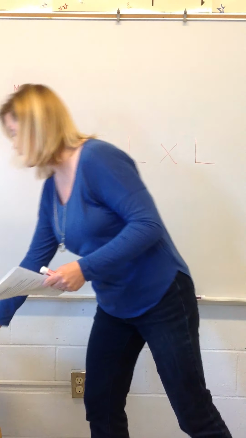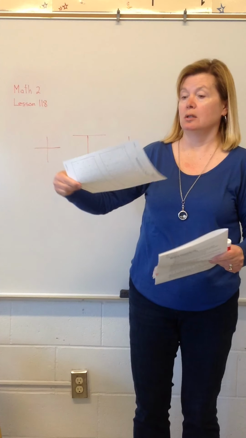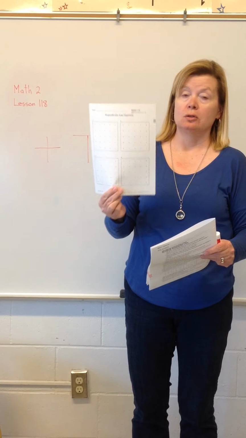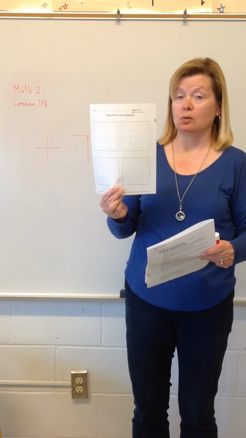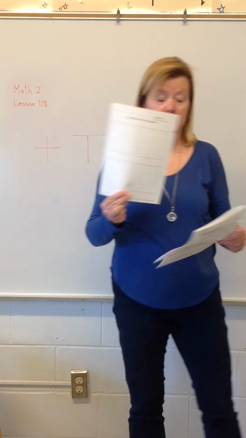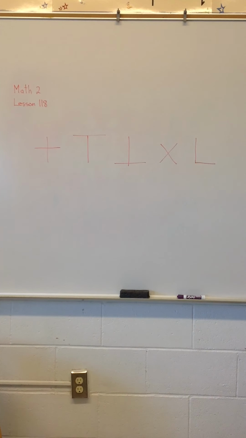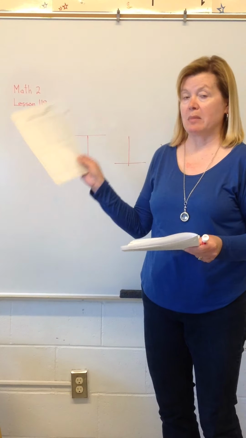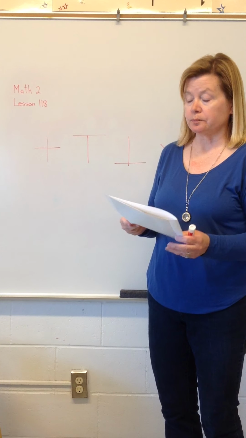All right, it is time for you to take out your master for 118. You'll need a pencil for this job, so quickly do that. All right, you have your pencil and you have master 118.